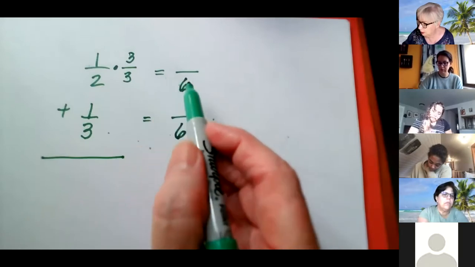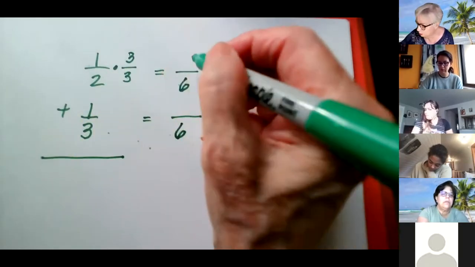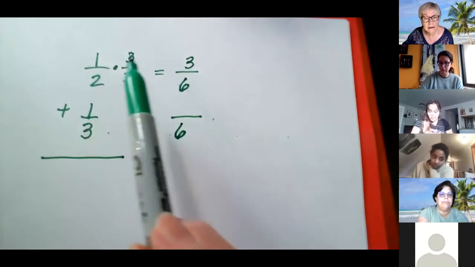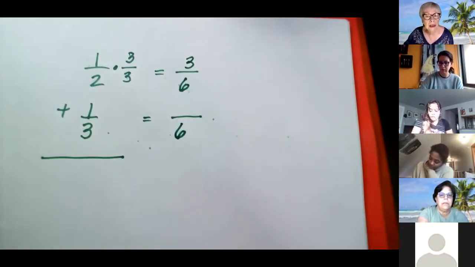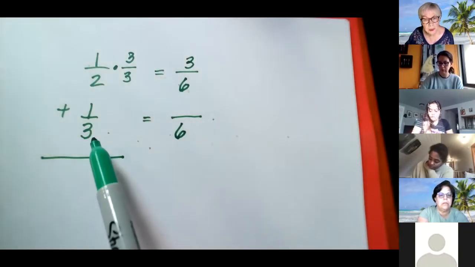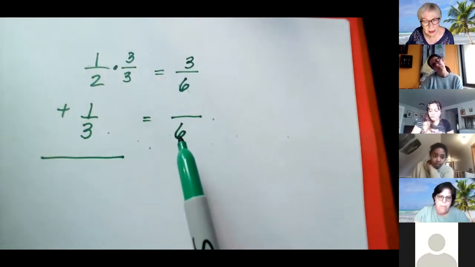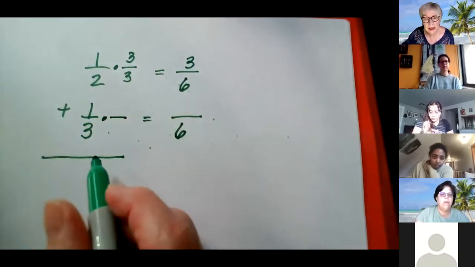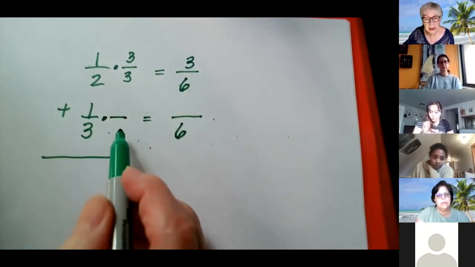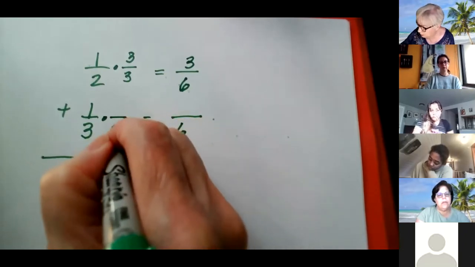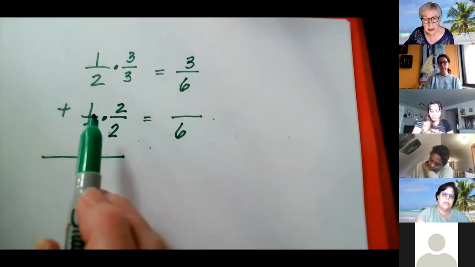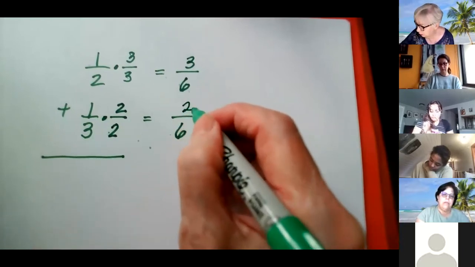So 2 times 3 is 6, and 1 times 3 is 3. So 1/2 and 3/6 is the same thing. And this one can convert to 6 also very easily. But in this case, to get 3 to 6, you would multiply by 2. 3 times 2 is 6, 1 times 2 is 2.